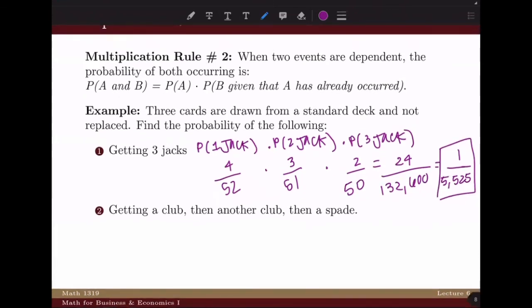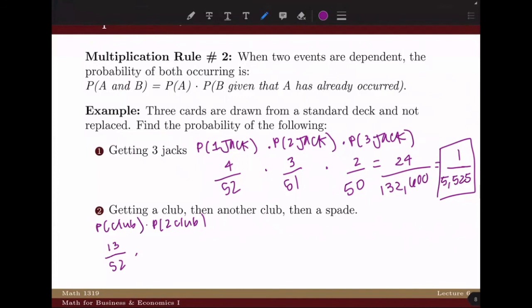Next is going to be getting a club, then another club, then a spade. All right, so first, the probability of getting a club is 13 out of 52. The probability of getting a second club, well, we know that 1 has already been taken because we are assuming the first card taken was a club.